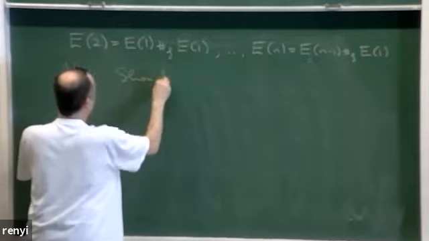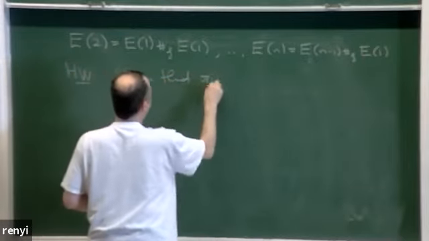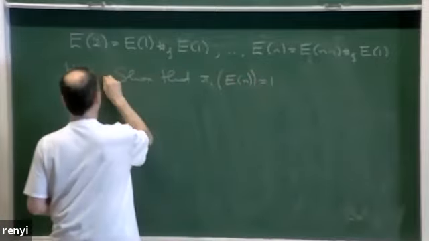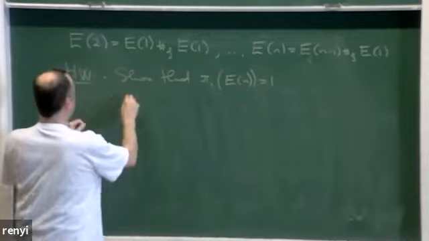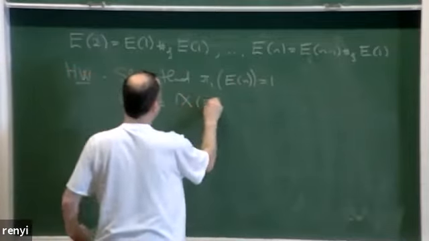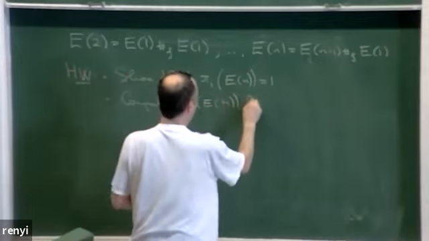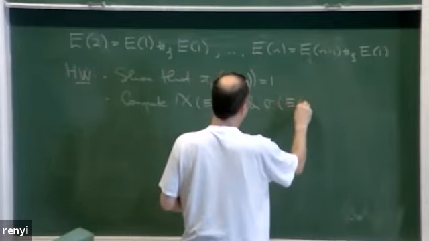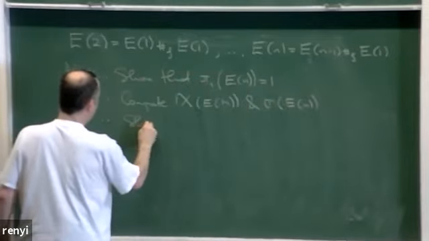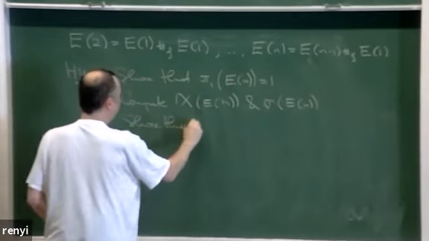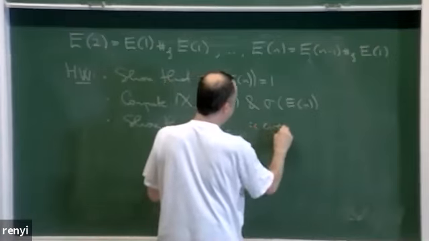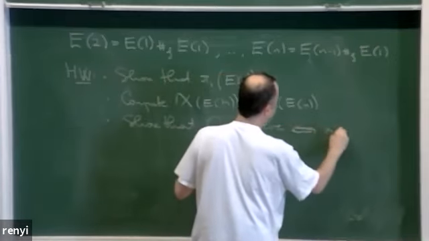Show that pi 1 of En is trivial. Compute the Euler characteristic and the signature, and show that the intersection form of En is even if and only if n is even.